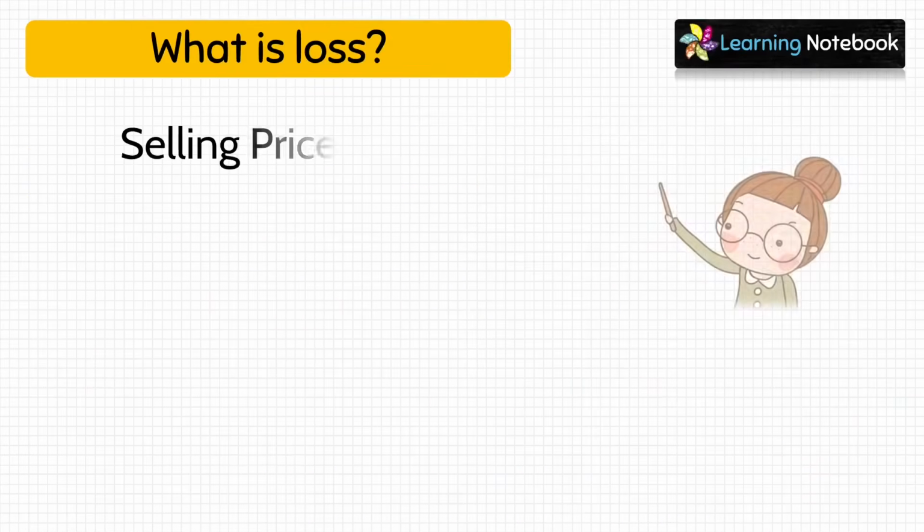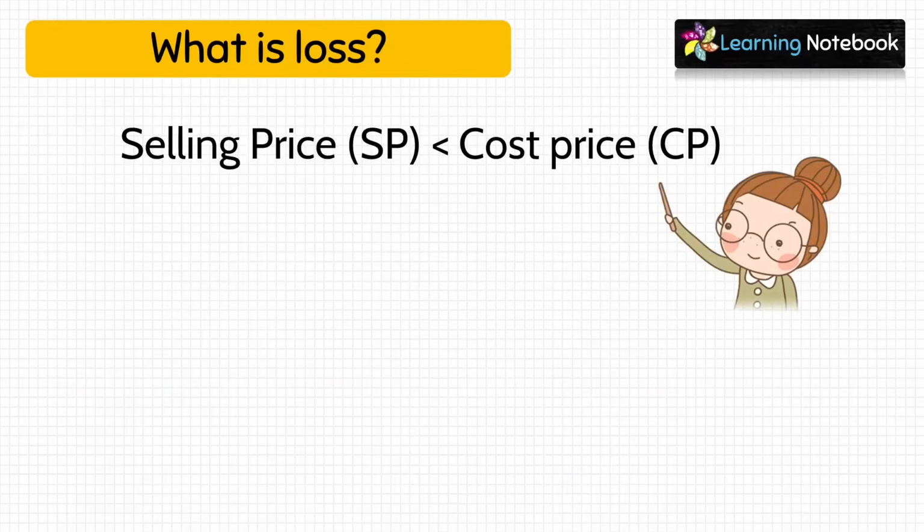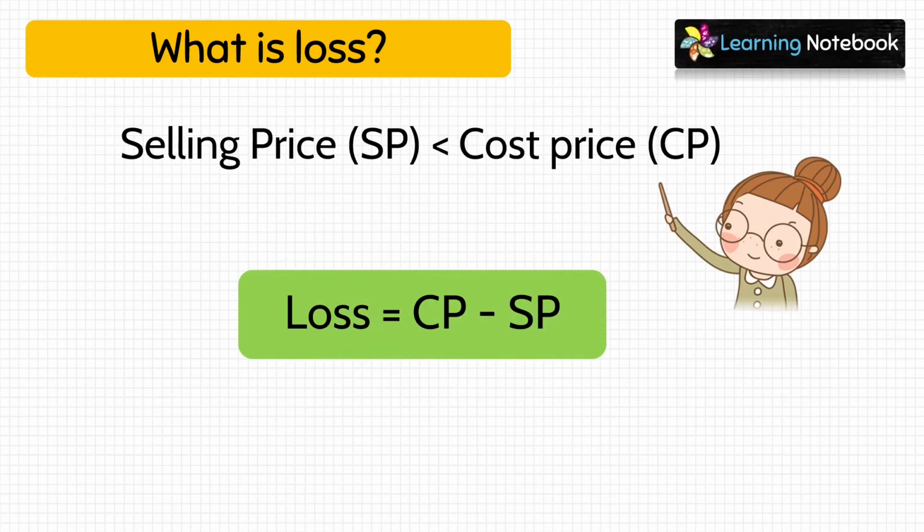Now what is loss? If selling price is less than the cost price, then it means there is a loss. And loss is calculated as cost price minus selling price.